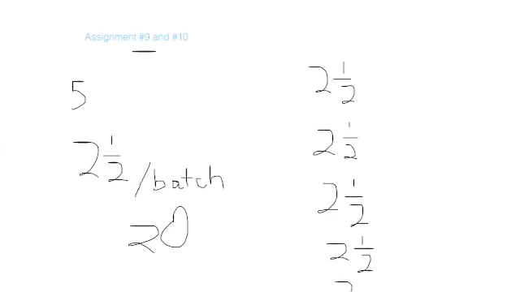And another 2.5. So then you have to add them all up. So 2, 4, 6, 8, 10. And then half and another half is going to be 1. So that's 11. Half and another half is another 1. So that's 12. And then another half. So basically it's 12.5, right? 12.5 cups of flour.